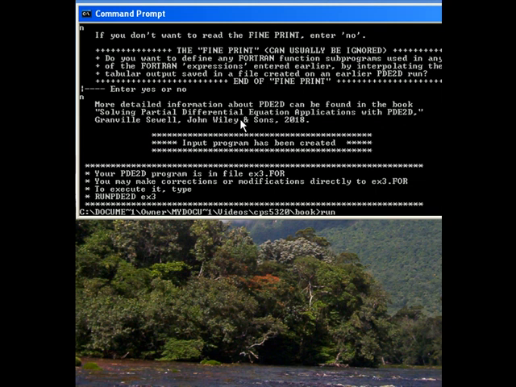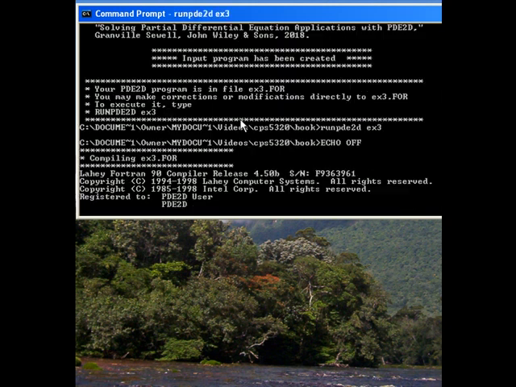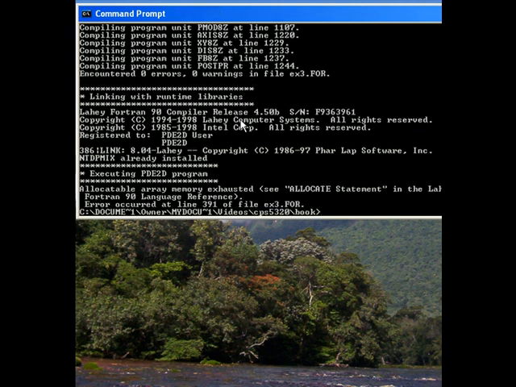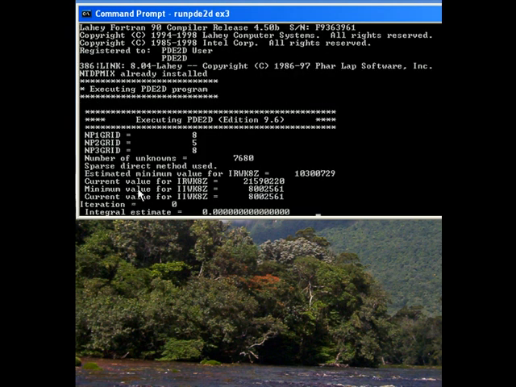Okay, well, let's run it. The integral of absolute value of u plus absolute value of v. Well, I got an error message that the memory was exhausted. That's because I'm running on an old computer with not very much memory here.